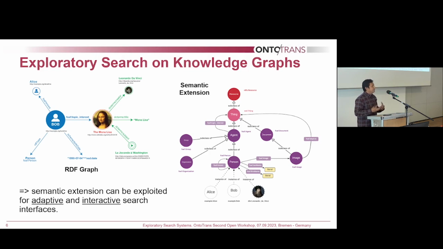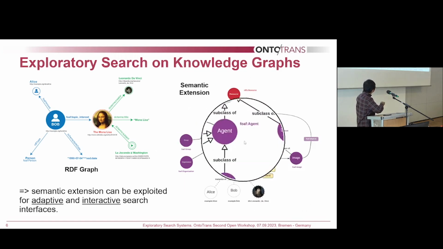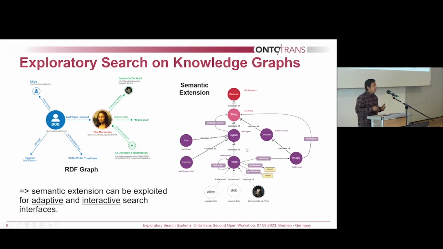If you have the semantic structure behind it, an ontology describing the person and the object that he or she created as a background, as you see on the right side over here, then you can make use of it to allow for a more interactive process in exploring such knowledge.